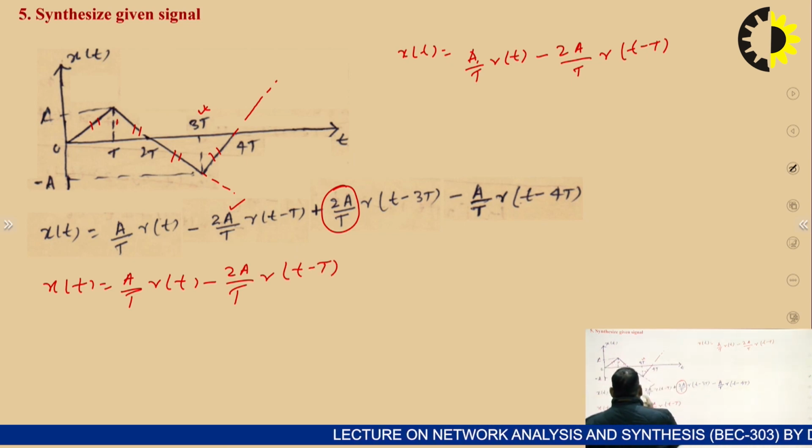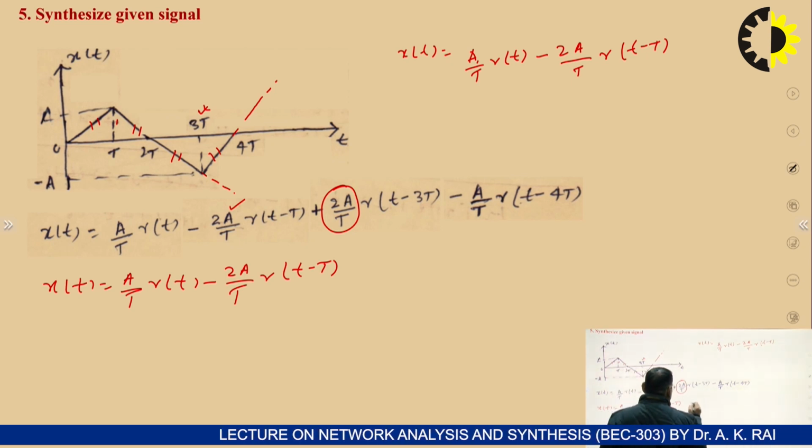at t is equal to 3t, we are adding a positive slope.